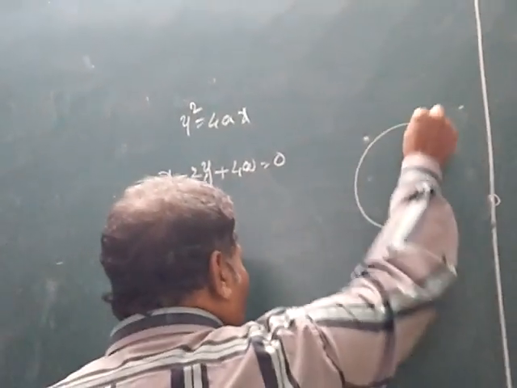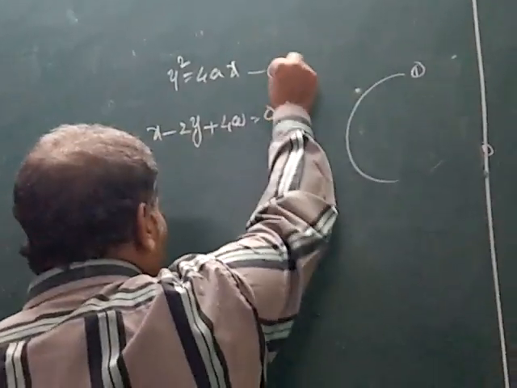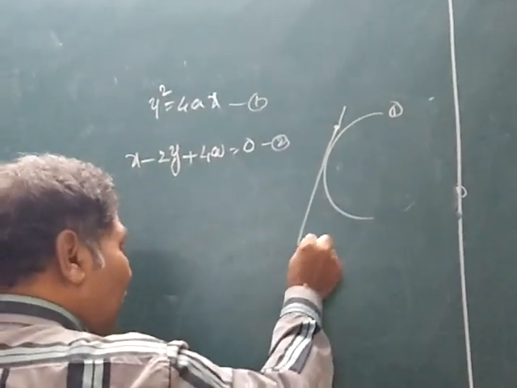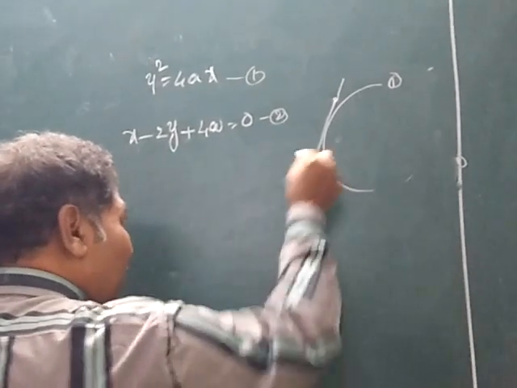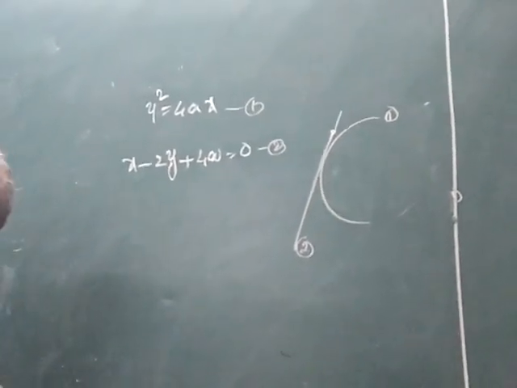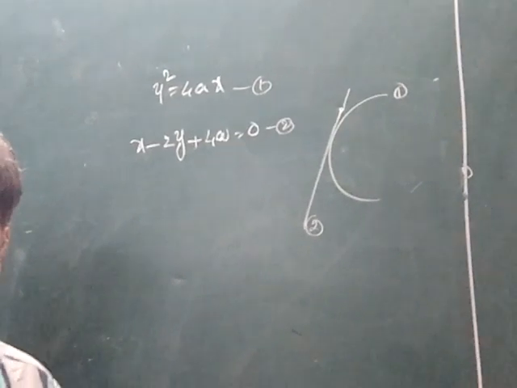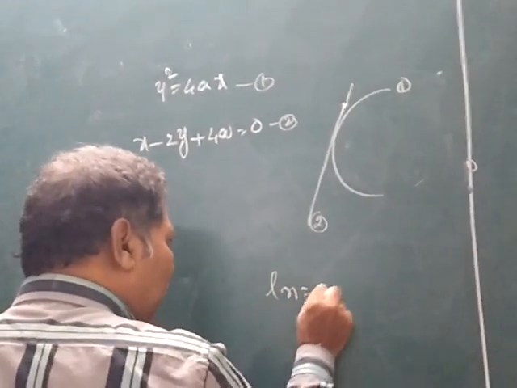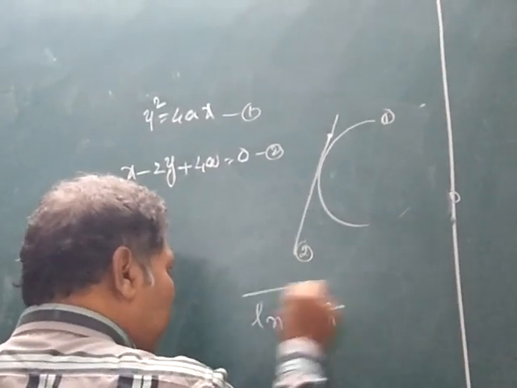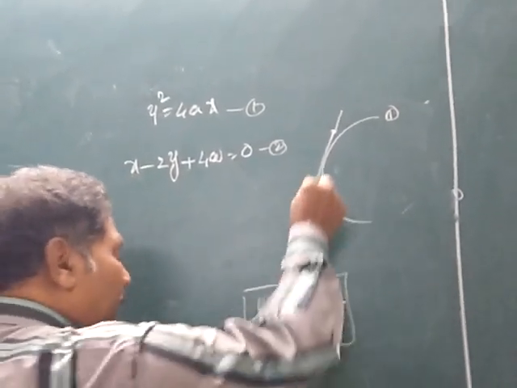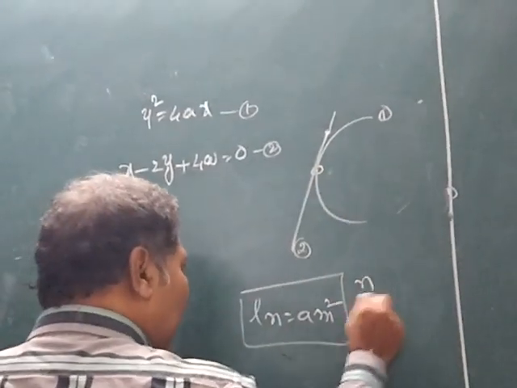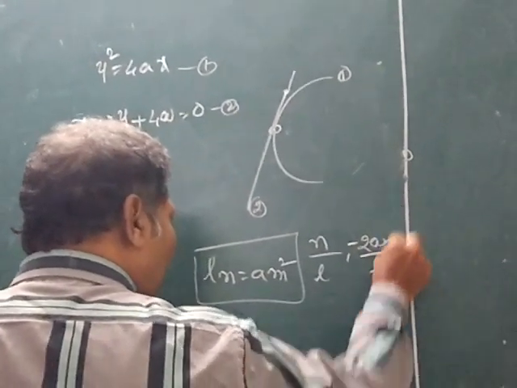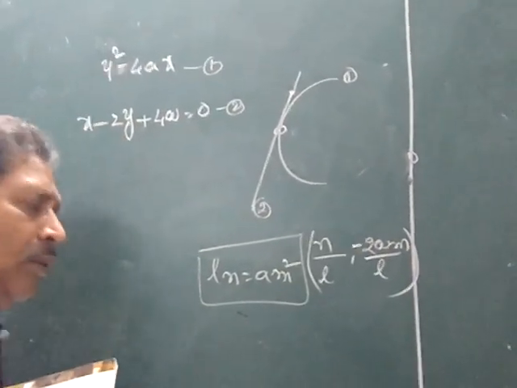This is the given parabola, this is the given line. Show that this line touches the parabola. That means we apply the tangent condition ln equal to am square. Next, point of contact is m by l minus 2am by l.